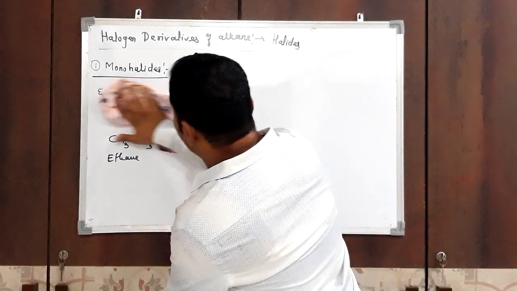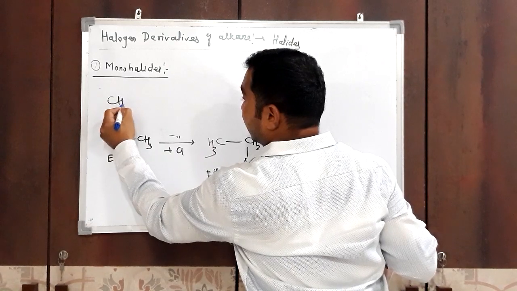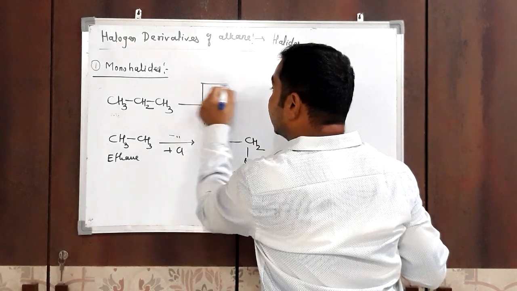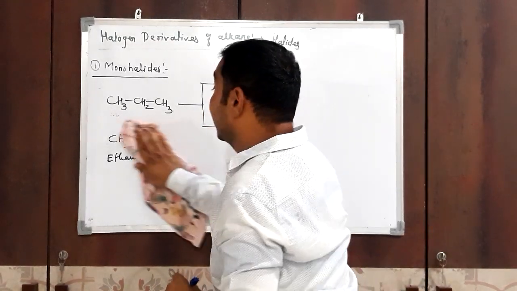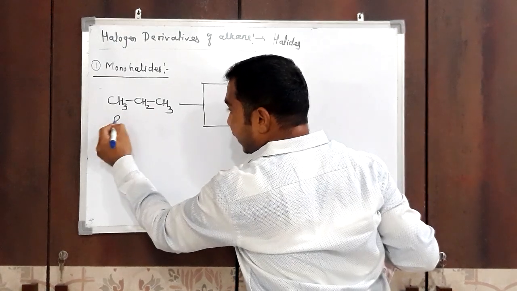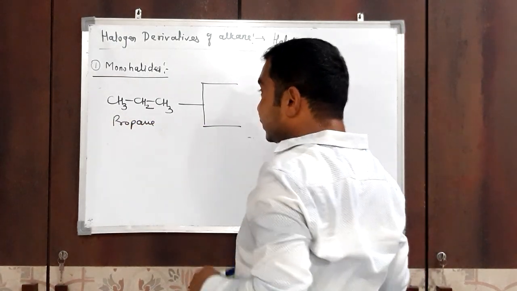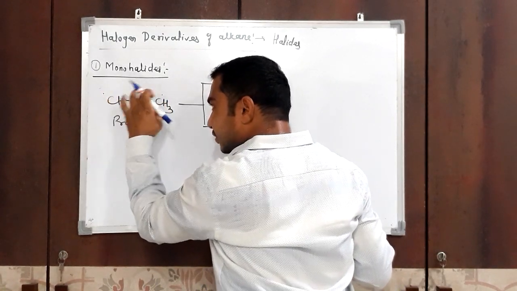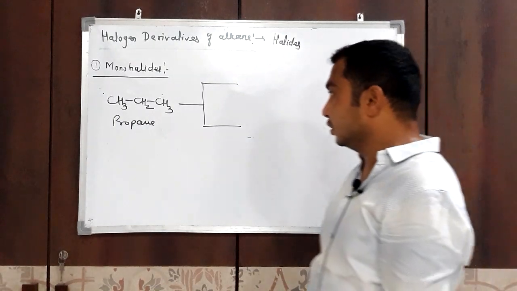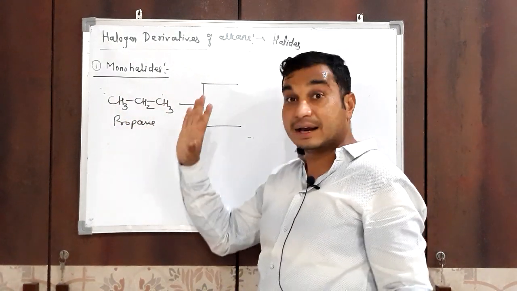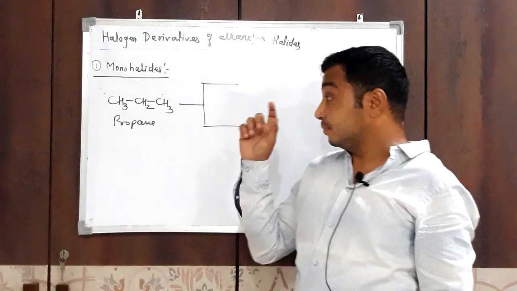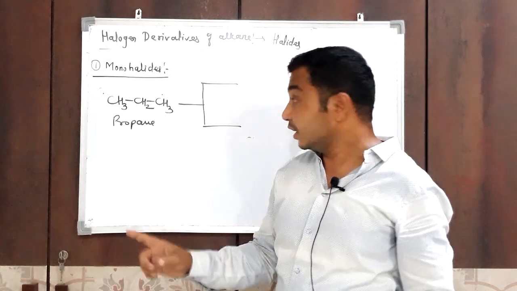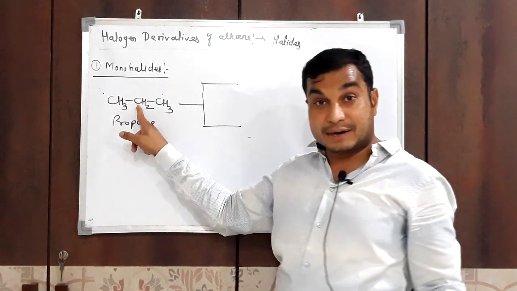Again, take propane, CH3CH2CH3. In propane there are two types of carbon atoms. Propane contains three carbons, but the first and last carbon atoms are identical, and the second carbon is different. These two terminal carbon atoms are identical with each other, therefore their hydrogen atoms, these three hydrogens, are the same. But the hydrogen attached to the middle carbon atom is different.